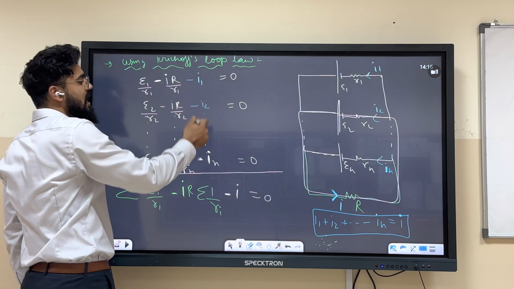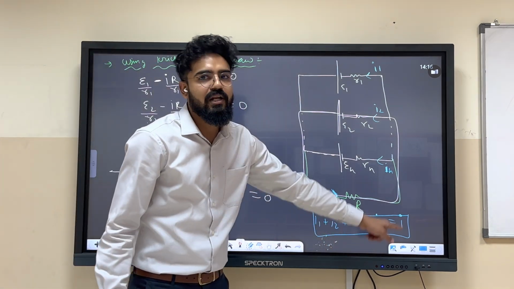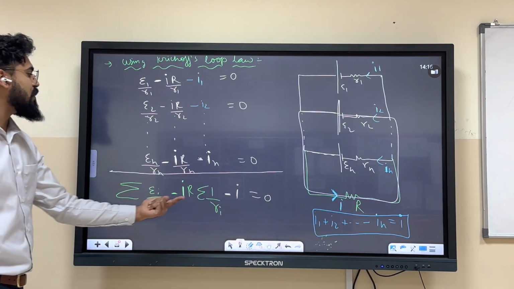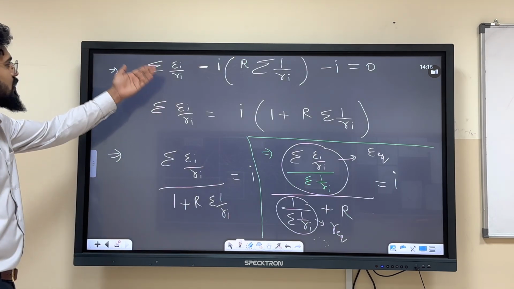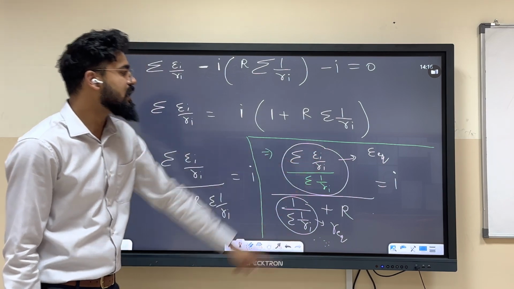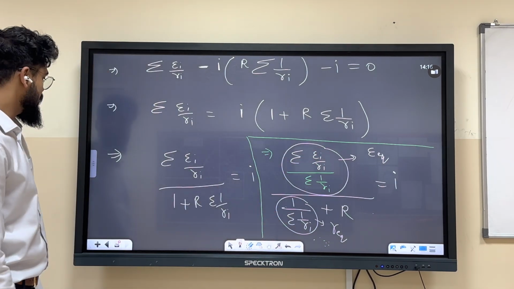Why? Because when we are adding this, only I will come. I1 plus I2 plus I3 till In is I, right? Now taking I common from here and playing with it, this masala over here is E equivalent, and this masala over here is R equivalent, okay?